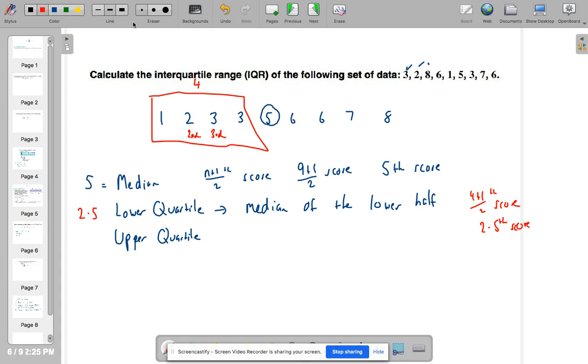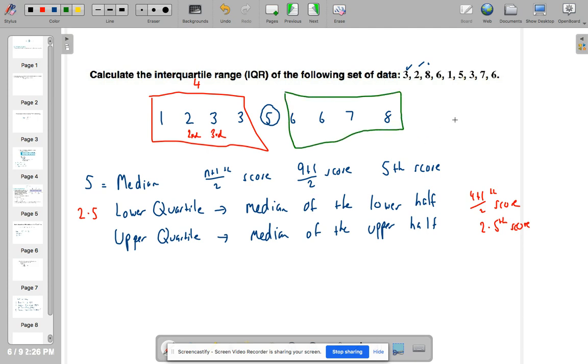Now the upper quartile is the median of the upper half. I'll mark this in green with a box. Okay, here's the upper half. There. All right. Now, because there's 4 things again, I don't have to keep doing the formula.